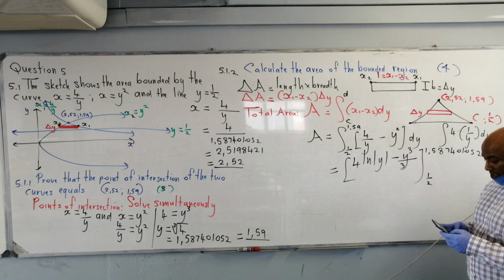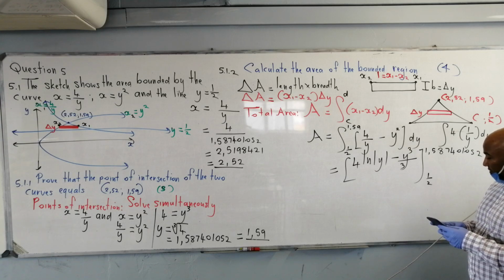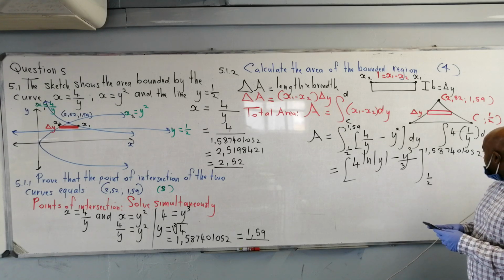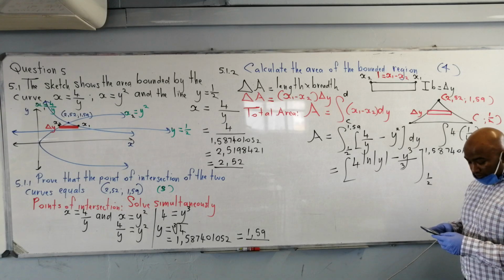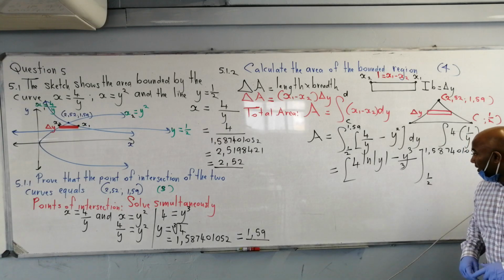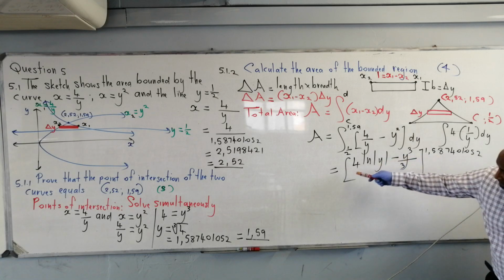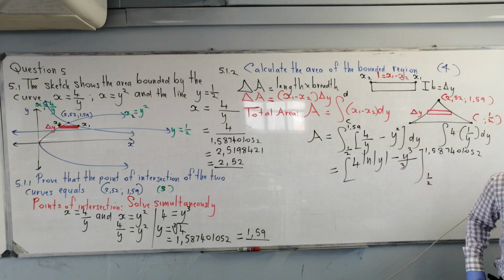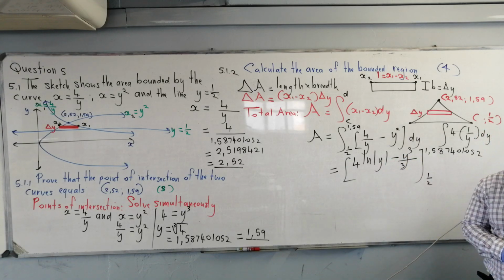What are we substituting? 1,587,401,052. So when we do our first substitution, remember what you are doing: you're going to substitute this into your variable y there.